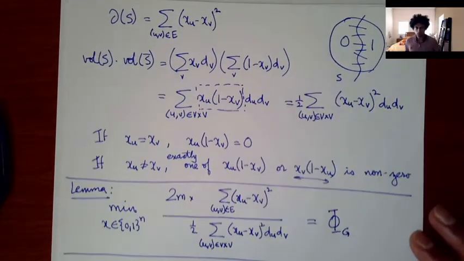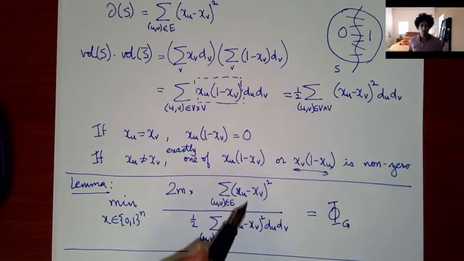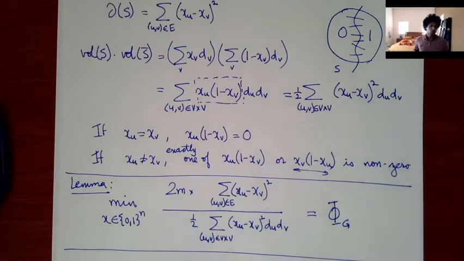So this gives us our optimization program, although it's a very strange optimization program because it has something in the numerator, it has something in the denominator. It's not clear exactly how we're going to process this or even make sense of this. But we now have an optimization program that we can state.